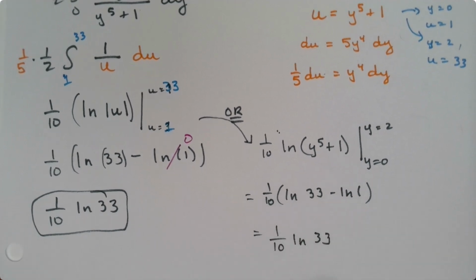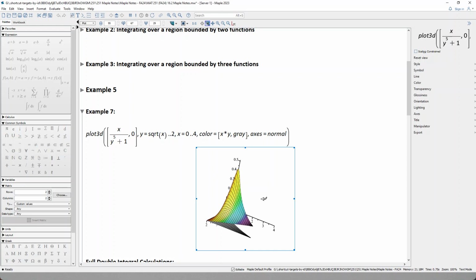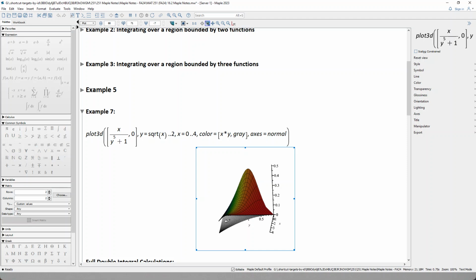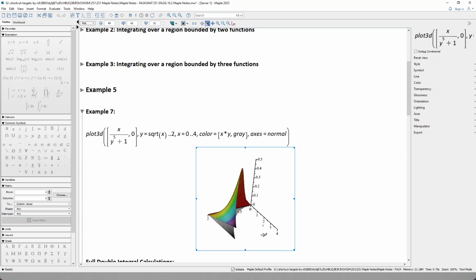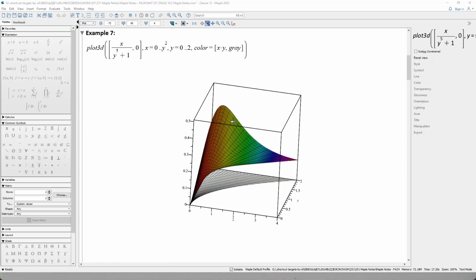All right, let's go look at it in Maple, because we can always check our answers in Maple. So here's the object. This is x over y to the 5th plus 1. And I again graphed 0 as well, so we could see the region of integration right there. I had to find my Maple code a little bit.